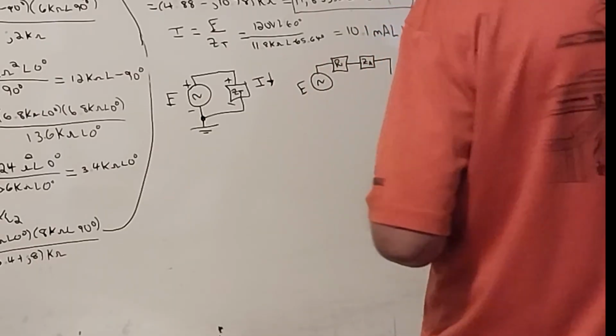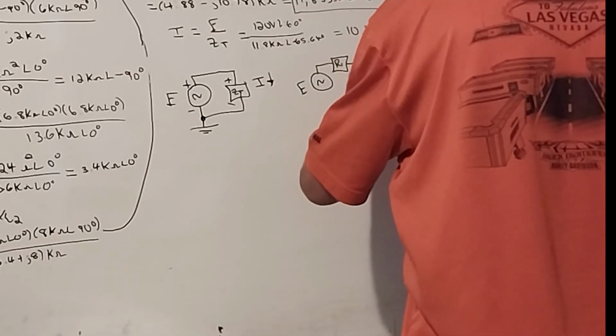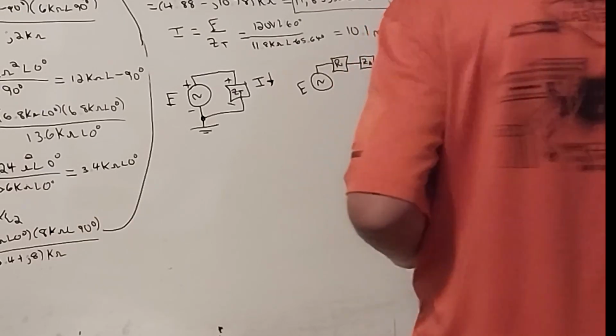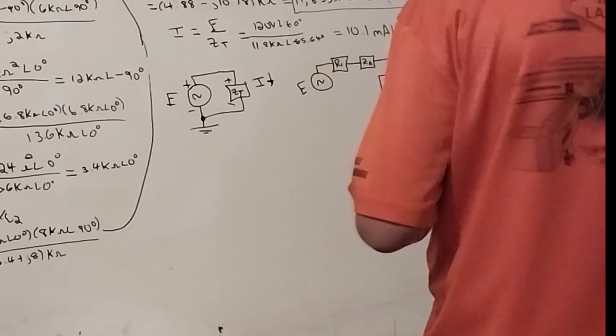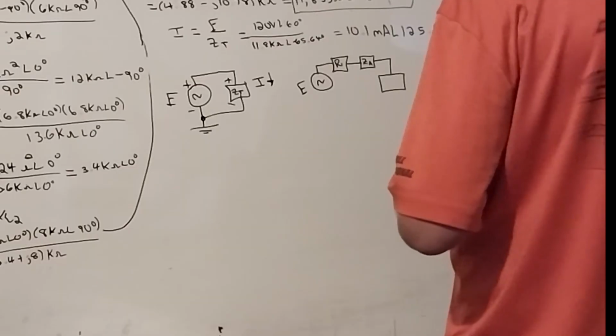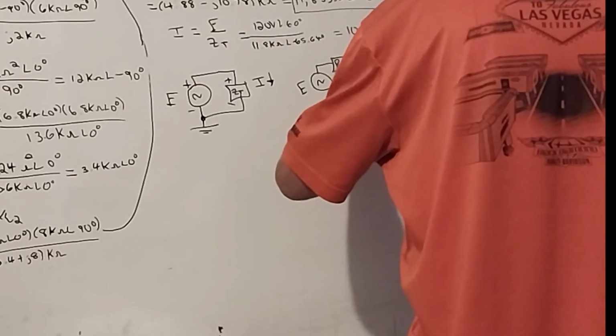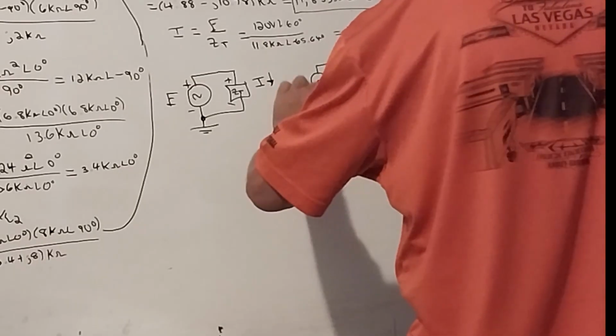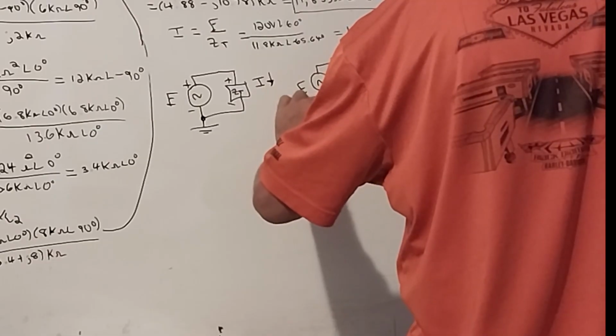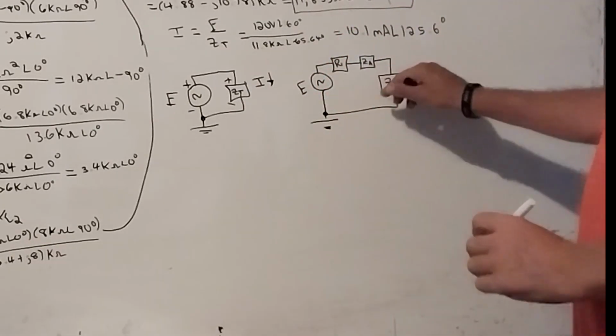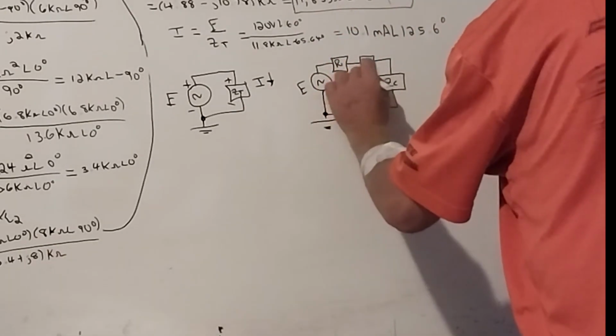That's not Z sub 1, it's Z sub A. Notice here that they're all in series. This current's going to flow through all of these.